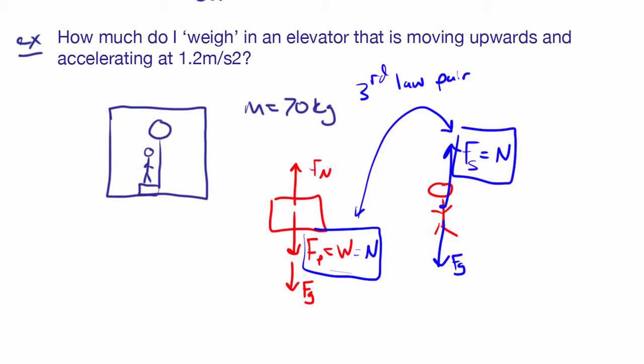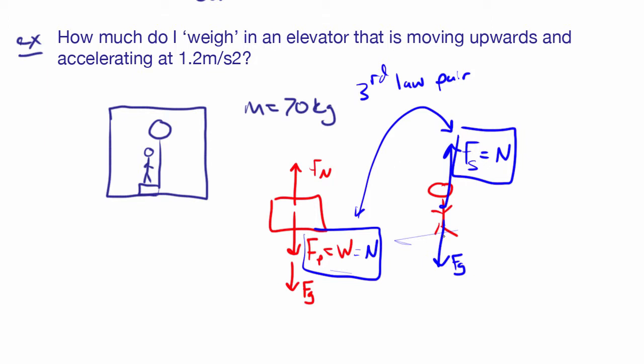But in order to figure out the value for this force, this free body diagram doesn't really help me, because the normal force due to the ground on the scale and gravity don't help. I don't know the mass of the scale. Those aren't going to tell me anything. So in order to figure out the value that the scale actually reads, I need to use Newton's third law to connect this value with the person.